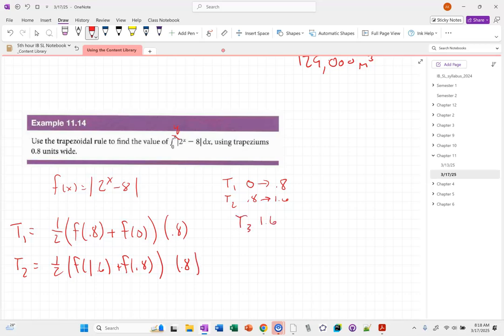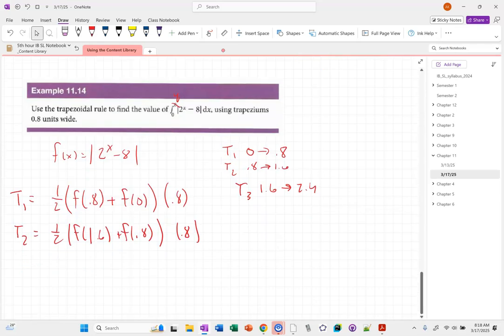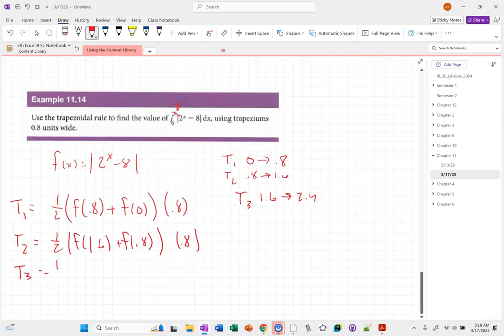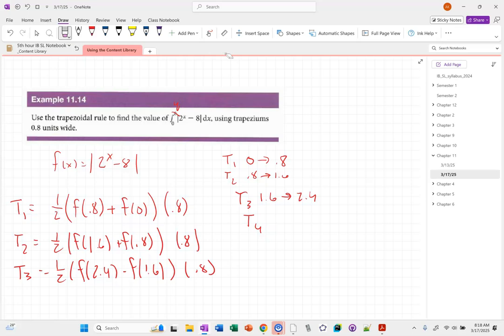T3 goes from 1.6 to 2.4. T4 goes from 2.4 to 3.2.